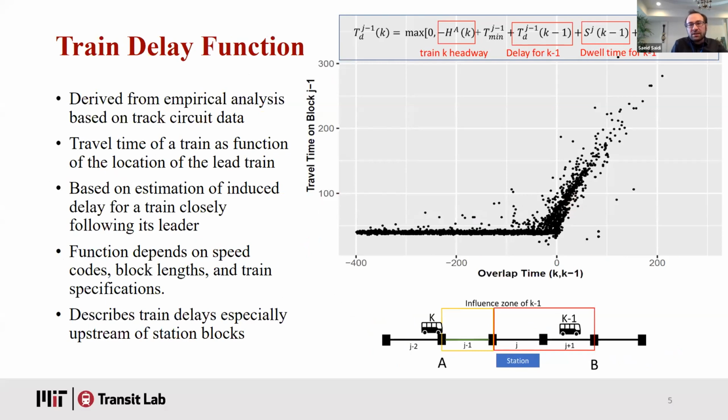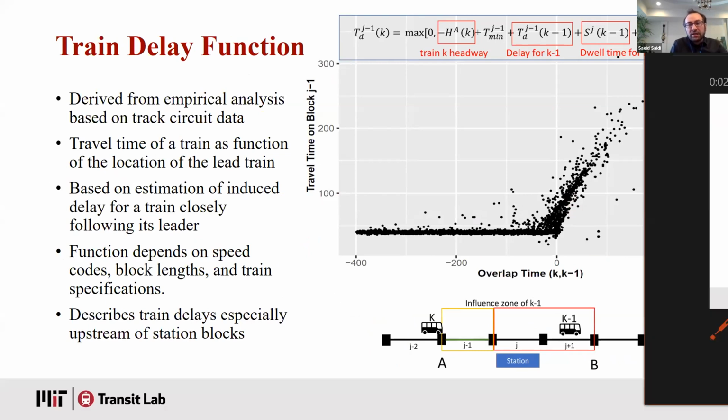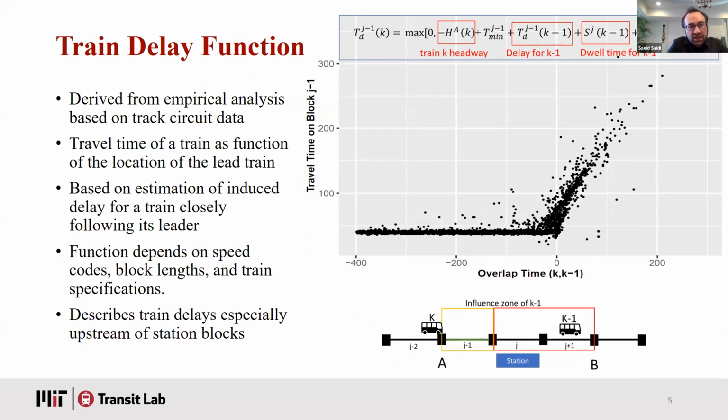So we can derive the train delay function on each block, which is based on the estimation of induced delay for a train that is closely following its leader. And we can see this type of delay region on the blocks that are before the stations.